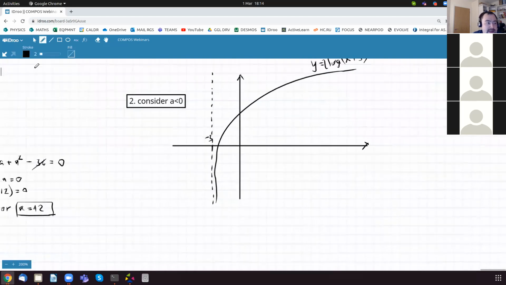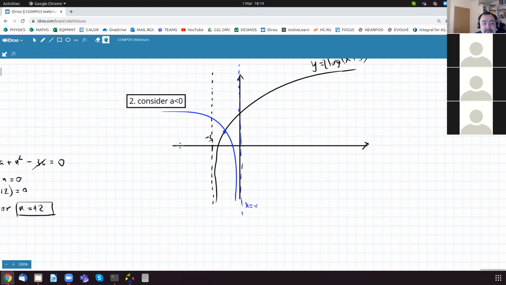If we sketch that, we immediately see that these two graphs have exactly one point of intersection. And because x equals 0 is the asymptote, they will always have exactly one solution, no matter what a is.